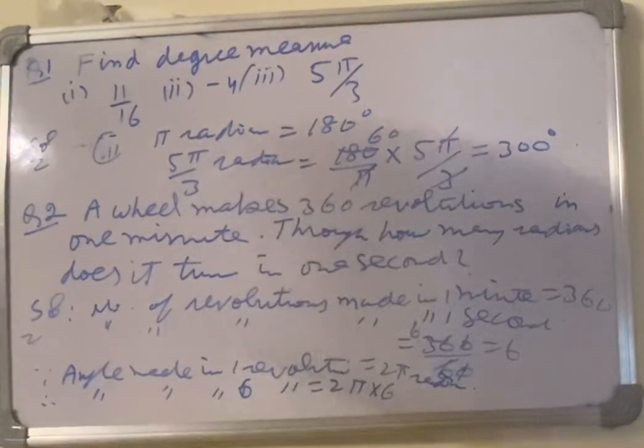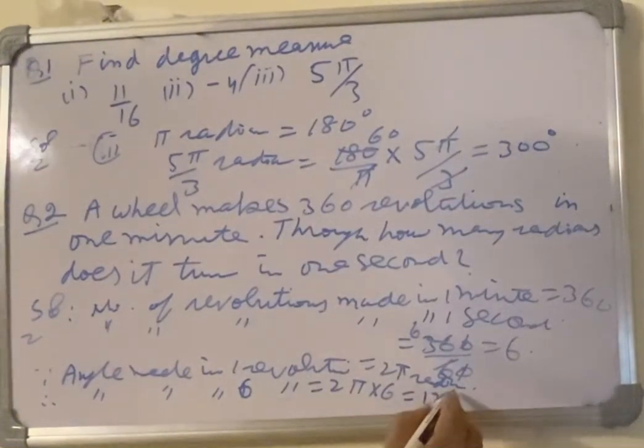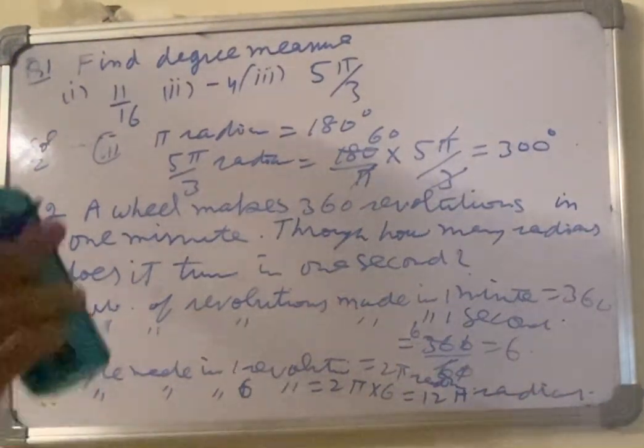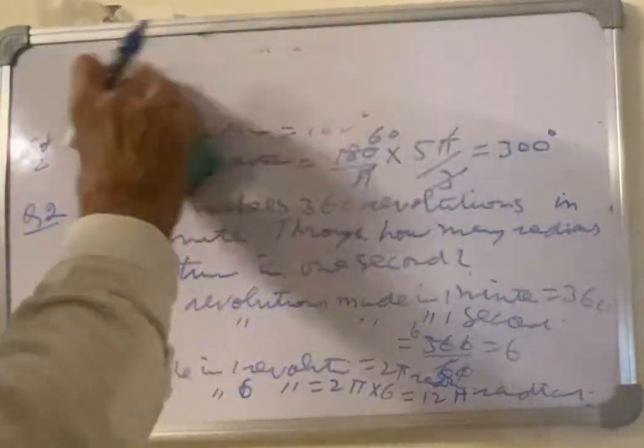It is 12 pi radians. Then we take next question.